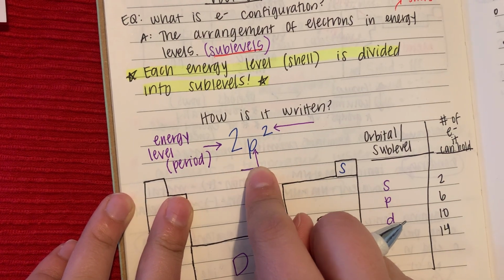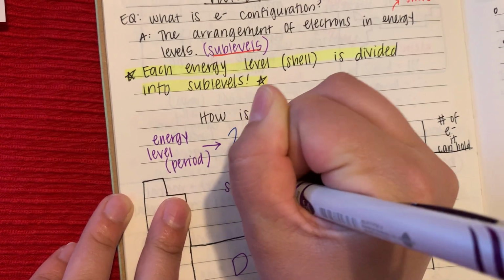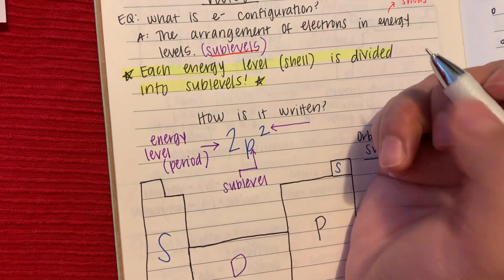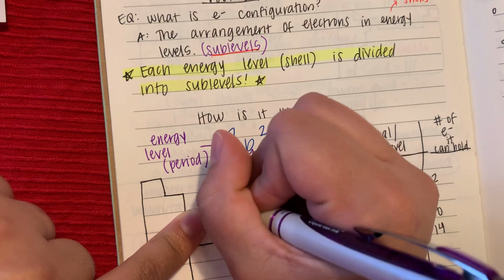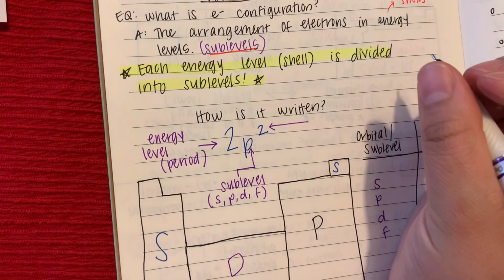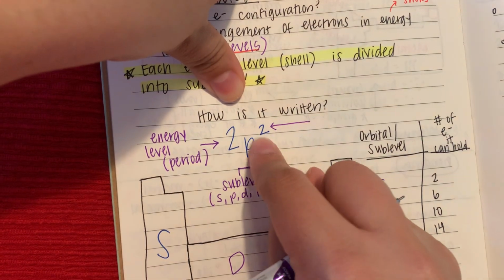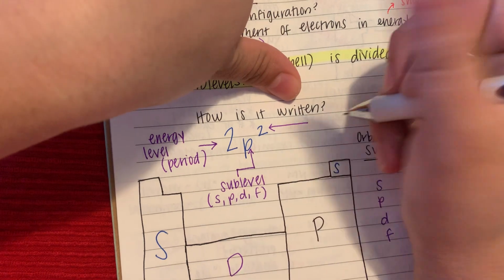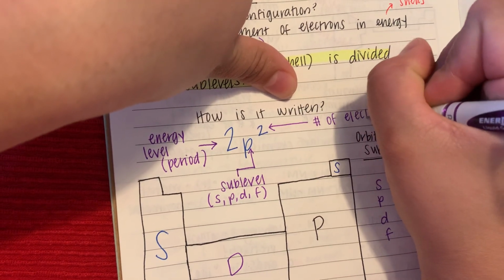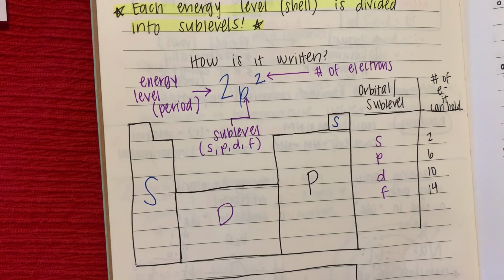This letter, so here it's P, is the sublevel or the suborbital, or however, there are multiple terms for it. So sublevel can be S, P, D, or F. Those are the 4 sublevels we talked about today. And then this number, which is the exponent, is the number of electrons. Remember this. You're going to have this for your warm-up tomorrow, so just a hint there.